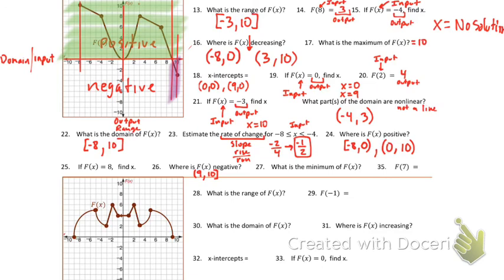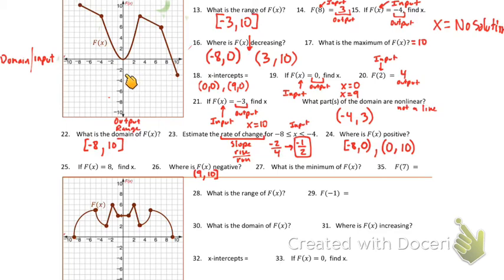Okay, minimum of f of x. The minimum of f of x is the lowest point. So think of range. So let me erase this here. When we talk about maximum or minimum, we want the lowest point of our graph. So check this out. The lowest point is this.